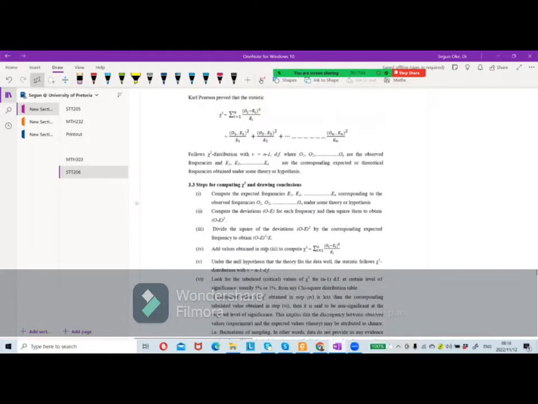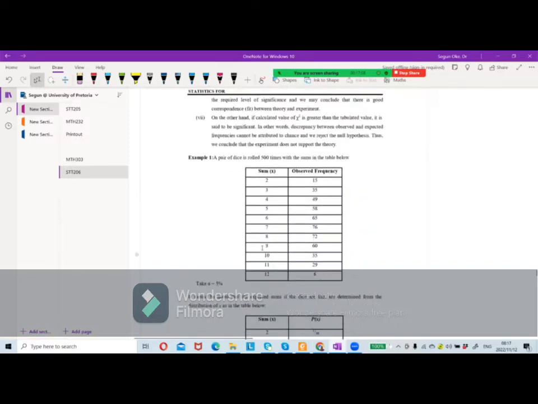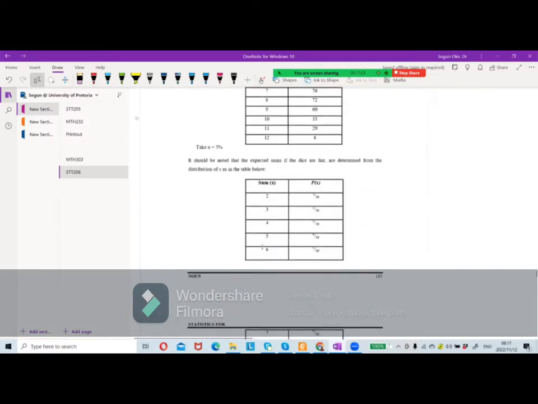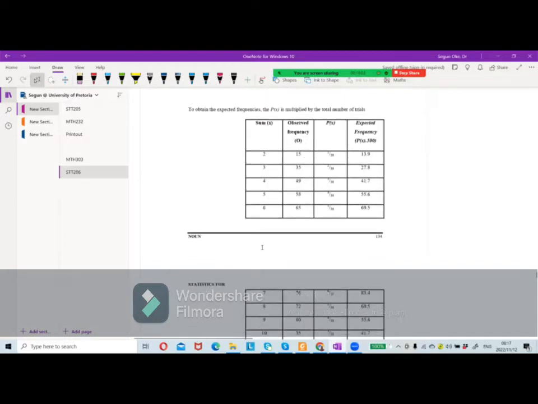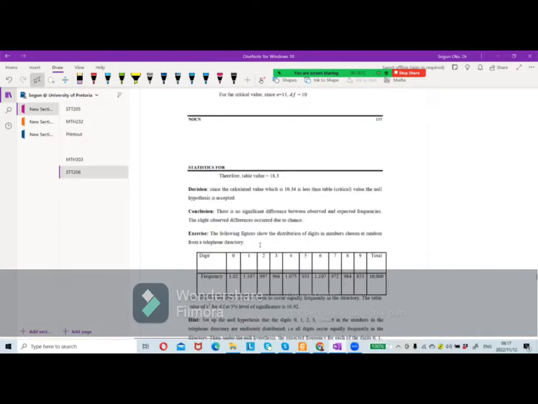On these, we have observed and expected. O stands for observed, E stands for expected. So we have observation, we have expectance, and from then we proceed. We have all these analyses, which might not be too palatable to some of us.